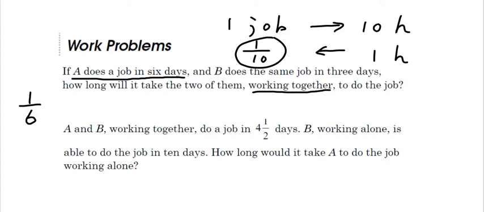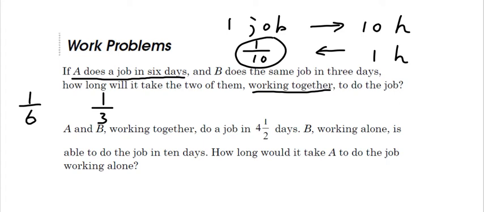B can do the same job in 3 days, so B is much quicker. In 1 day he can finish 1/3. So this is their speed, what they can finish in 1 day.